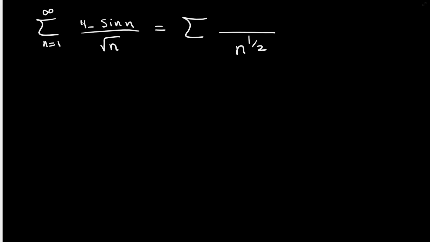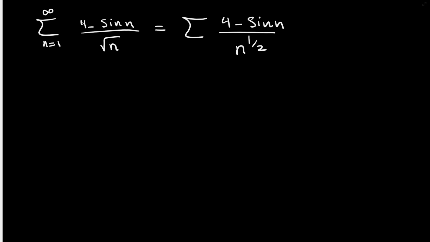If instead of 4 minus sine of n here it was just 4, and the denominator was n to the power 1 half, so if I didn't have the negative sine of n and 4 was the only thing in the numerator, then this series would be a p series, because when we have a constant divided by n to the power p, this is a p series, and we know how to work with p series.